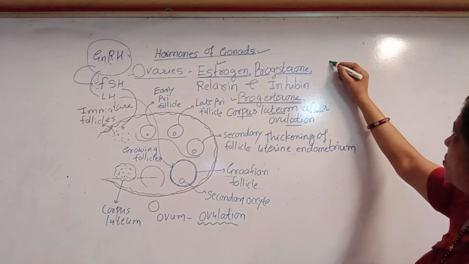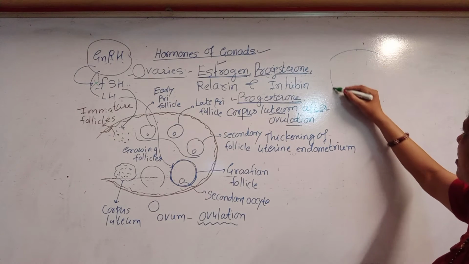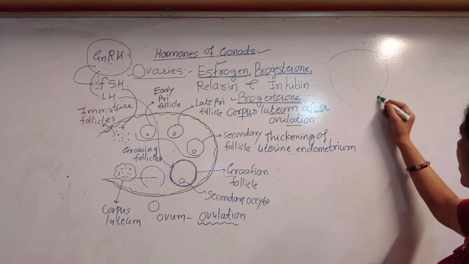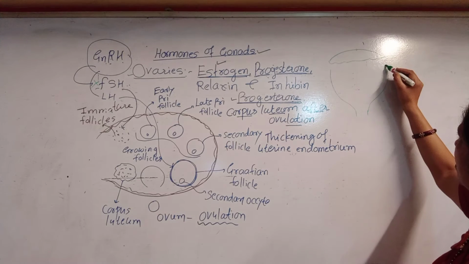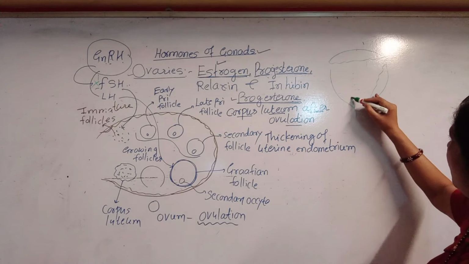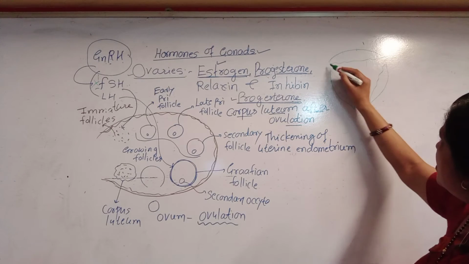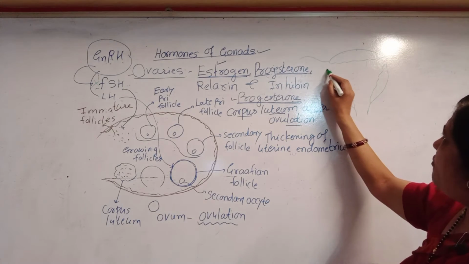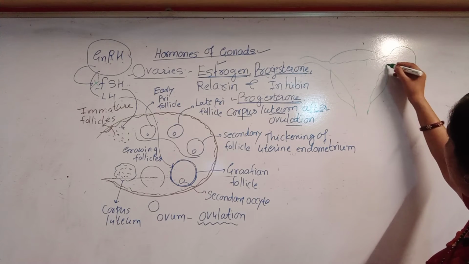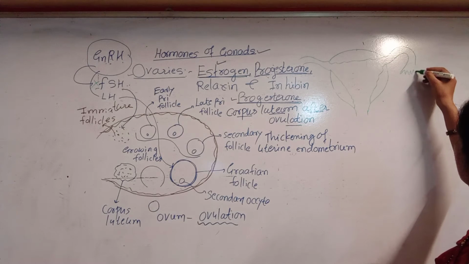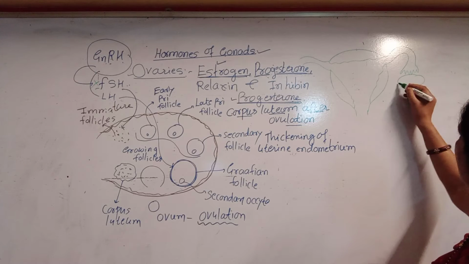This is uterus, and these are walls of uterus. These are fallopian tubes. This is ovary.